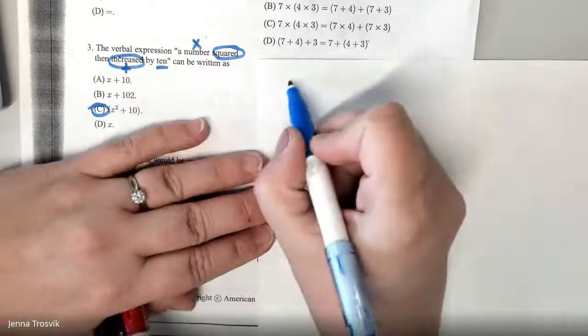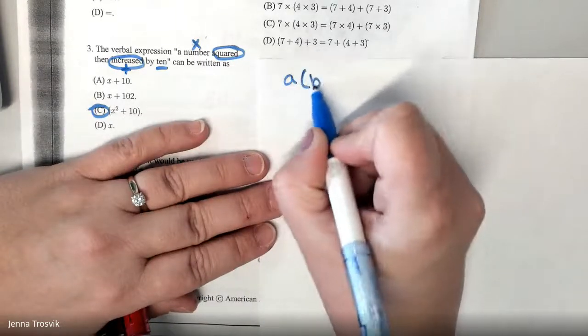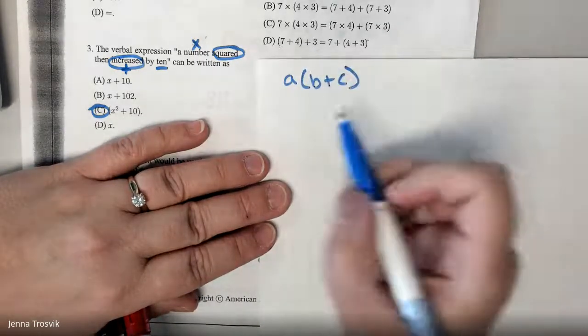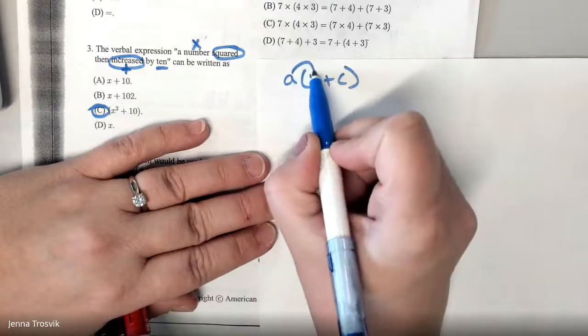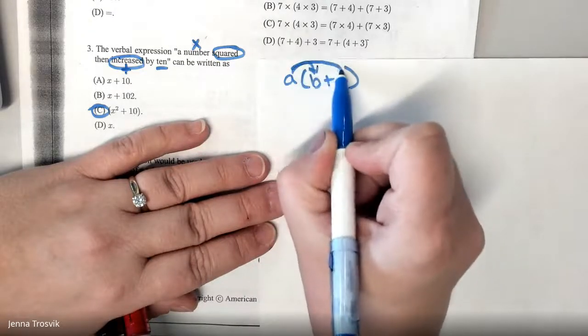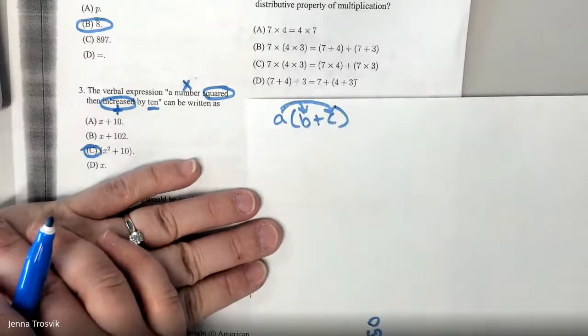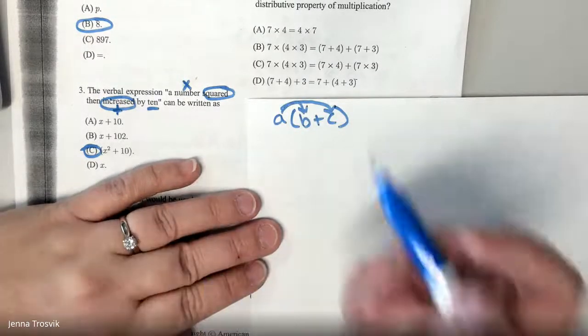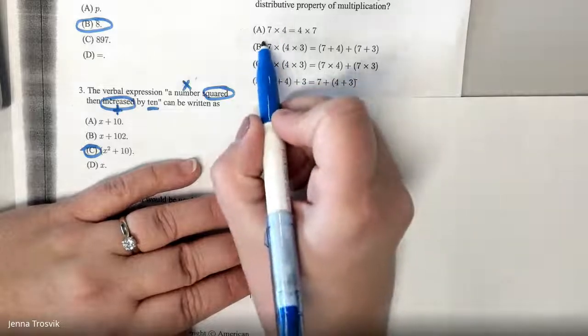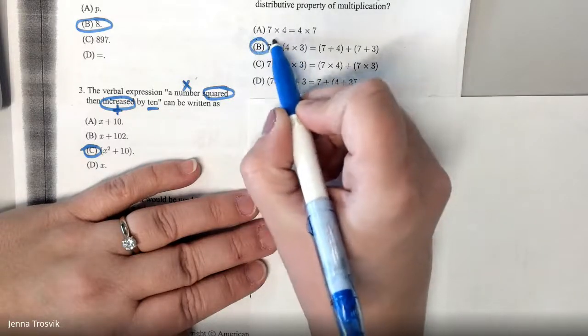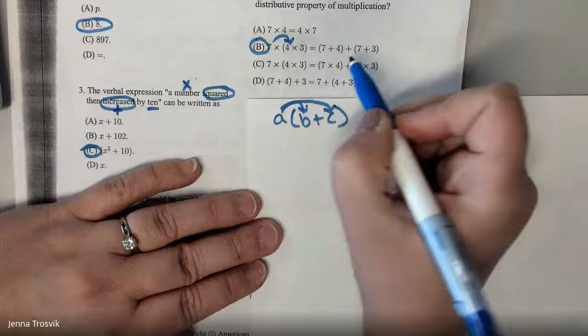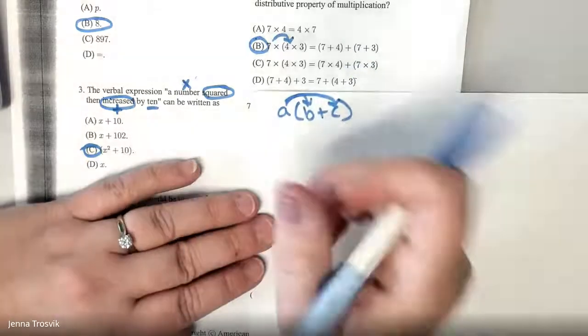Remember, if we are distributing a number, we have both multiplication and division. So we would be distributing it to each piece inside. Find your best option. Good. Your best option would be B. We distributed 7 to 4. Oh, I'm wrong.